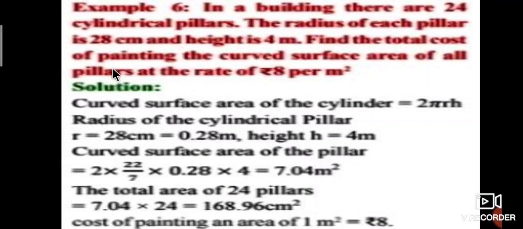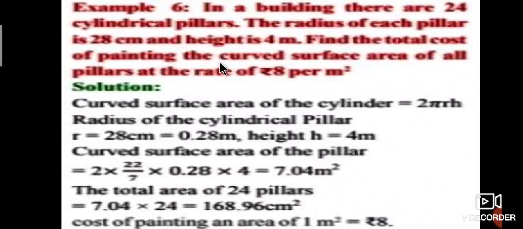Next question is, in the building, there are 24 cylindrical pillars. The radius of each pillar is 28 centimeter and height is 4 meter.